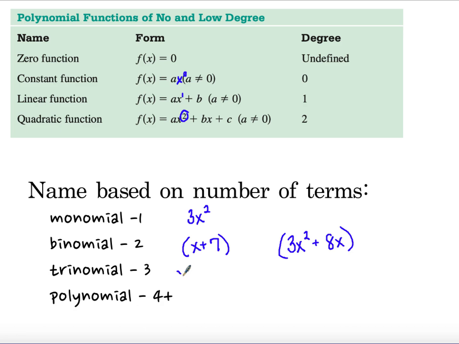Trinomial has 3 terms. Maybe we have x squared plus 8x plus 2. And then a polynomial is usually the name that we would give if we have 4 or more terms. However, technically, all the other 3 names that we gave you are also polynomial functions. So a monomial is a polynomial, a binomial is a polynomial, a trinomial is a polynomial, but we will want you to give the most specific name possible as you are listing them in our next examples.